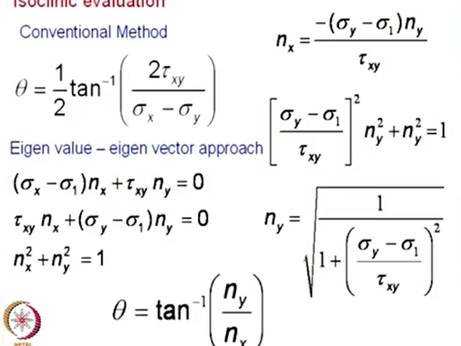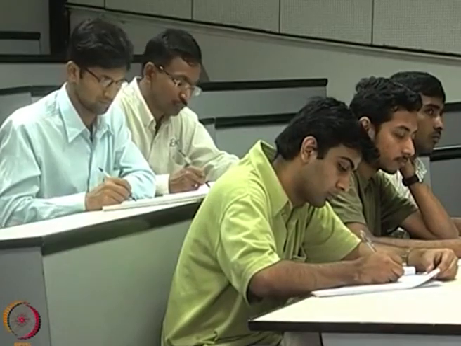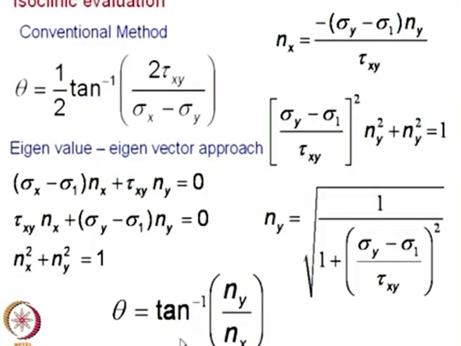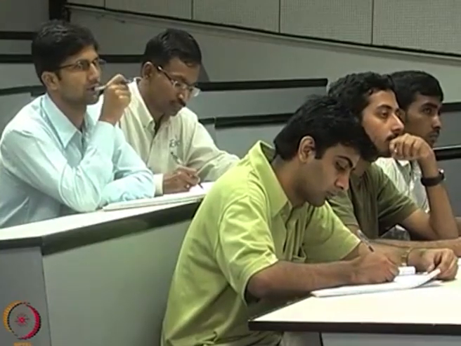That is good enough for you to go into the details of it. So, analytically also we need to make special efforts to find this out. When I do it by experiment, particularly by photoelasticity, you will see that I have to use some kind of calibration to associate the direction obtained to sigma 1 or sigma 2. And the emphasis here is more on finding out the principal stress direction.